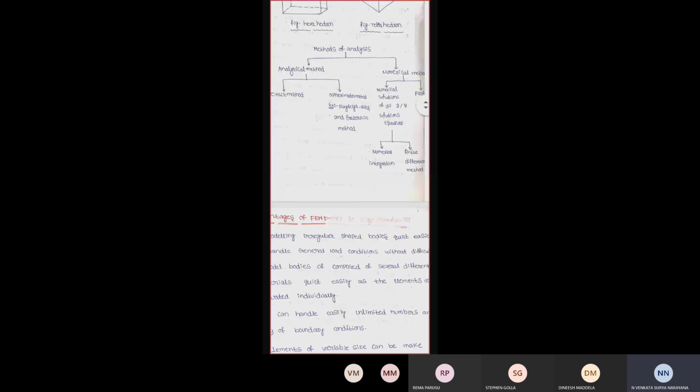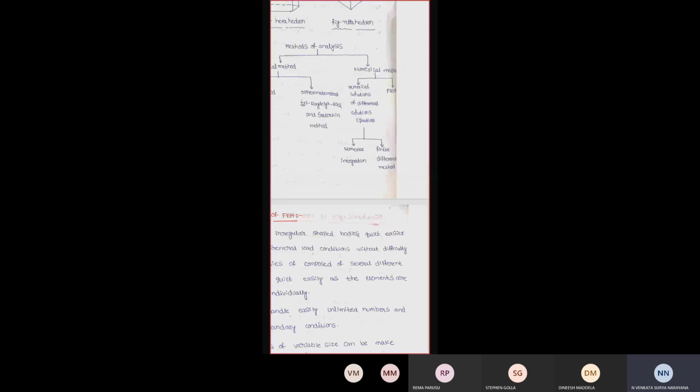Next, coming to the numerical method. Compared to the analytical method, the numerical method is based on mathematical formulations, that means differentiation and integration. The numerical method is again classified into numerical solutions of differential equations and FEM. FEM means finite element method.